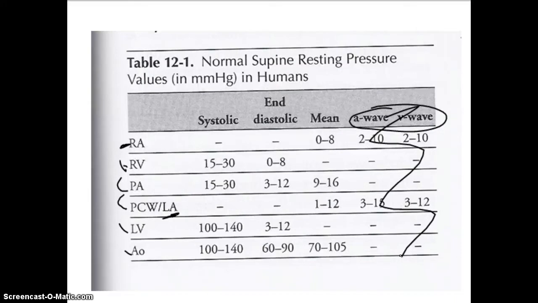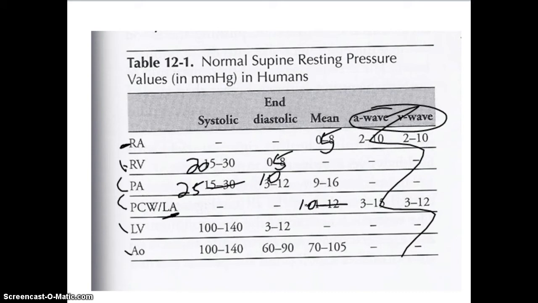But what I said is that the right atrium mean is 5. The right ventricle, I said, is systole 20, diastole 0, and then EDP is 5. The pulmonary artery is 25/10. The left atrium, I told you that the mean is 10.